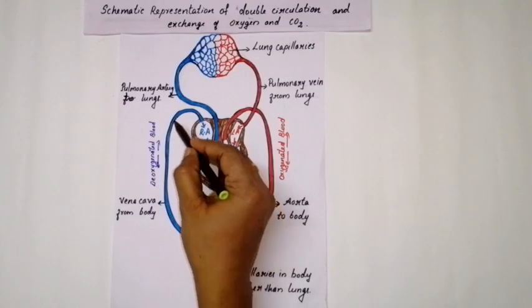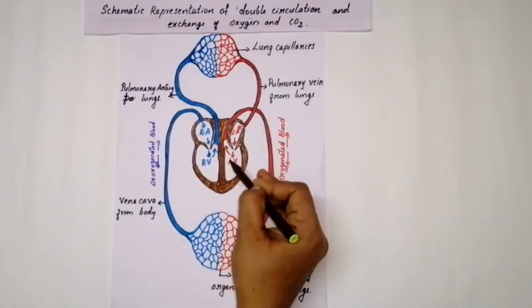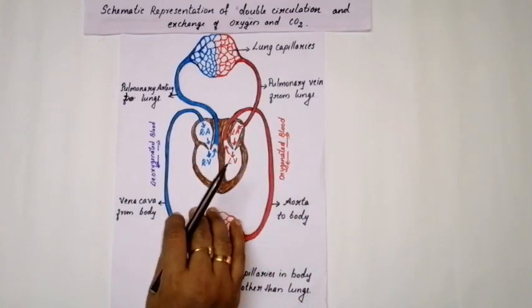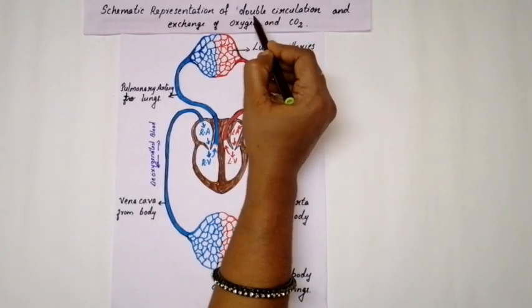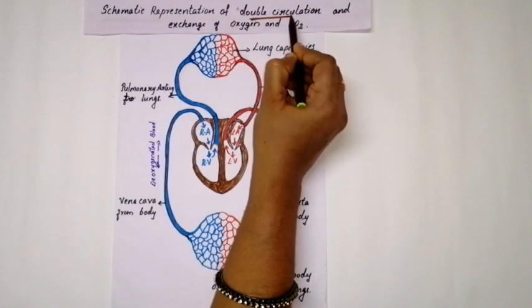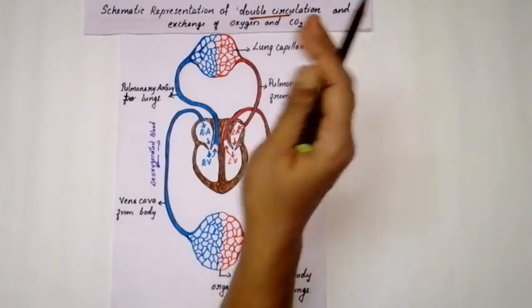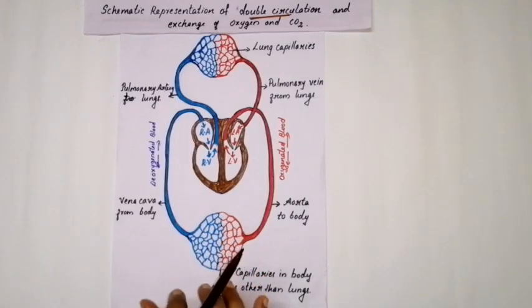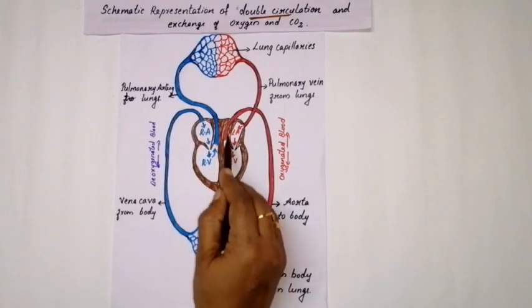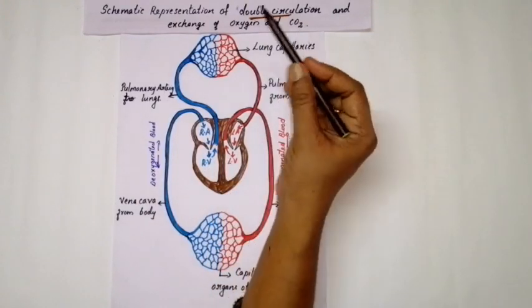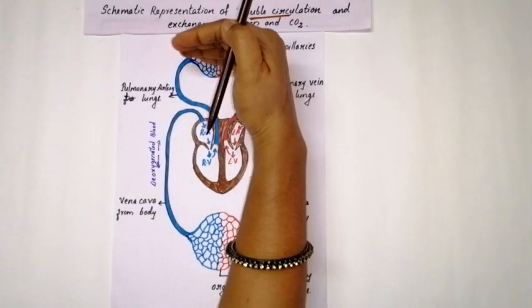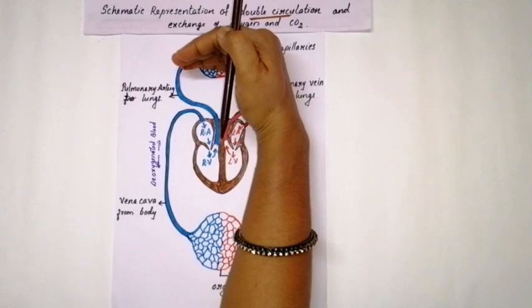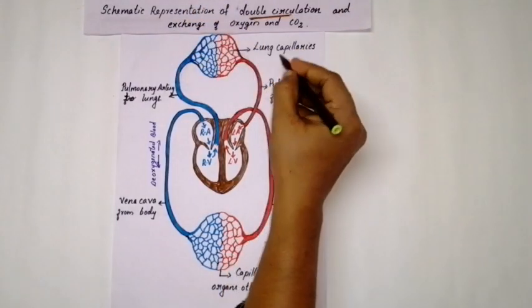So 2 times the blood passes into the heart. So this circulation can be called double circulation. Why is it called double circulation? In a single circulation or in a single cardiac cycle, the blood passes through the heart twice, and the double circulation has 2 phases. One phase is called the pulmonary phase or pulmonary circulation.